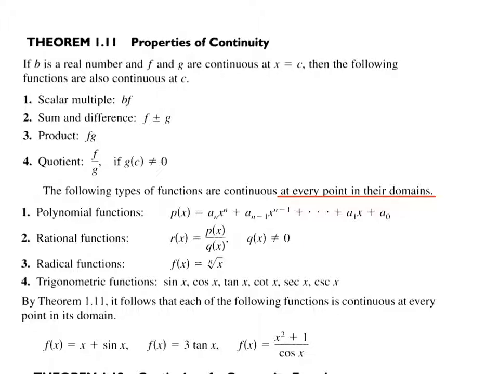If we have f divided by g, as long as g does not equal 0 at that point, it's going to be continuous as well. So that's where we ran into trouble with sine x over x. Those are both continuous at 0, but x equaled 0 at 0. So there we had an issue. It's not continuous there, but we were able to find a limit.